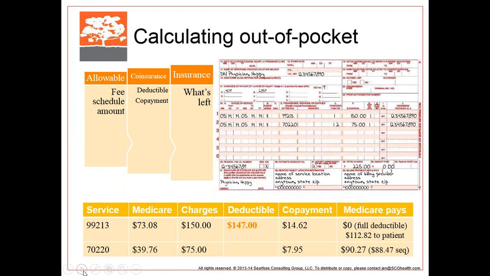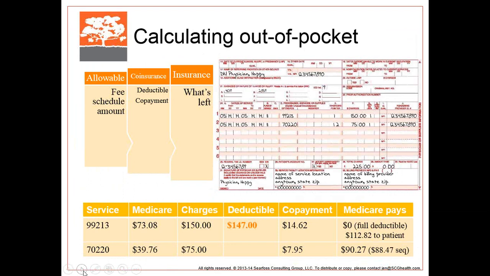So what you have to figure out is your fee schedule amount as your allowable. What is the patient coinsurance, which includes the deductible and the copayment, and then the insurance is going to pay what's left. So for the example I normally use in all of my presentations for Dr. Happy, here we have an E&M service, a level 3 established patient E&M service, and then a scope. And the charges, again, we've come up with in other Gimme 15-minute presentations that talked about setting your charges.